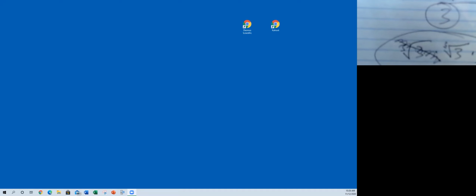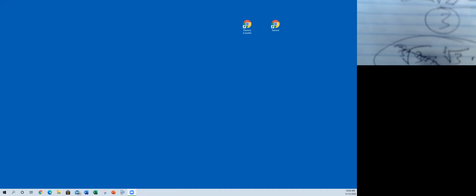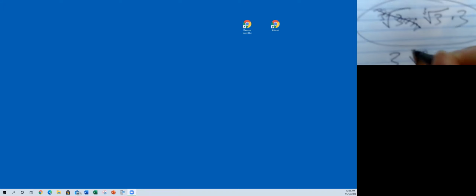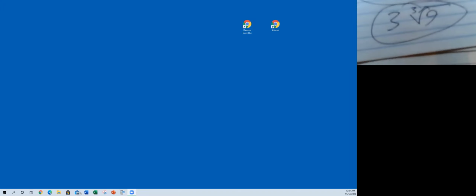So if you multiply cube root of 3 by cube root of 3, I guess you get cube root of 9, I suppose. Yeah, so cube root of 9. That should be the answer. 3 cube root of 9. That's it. That's right.